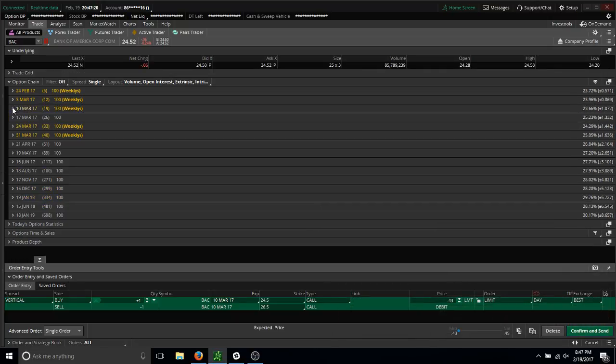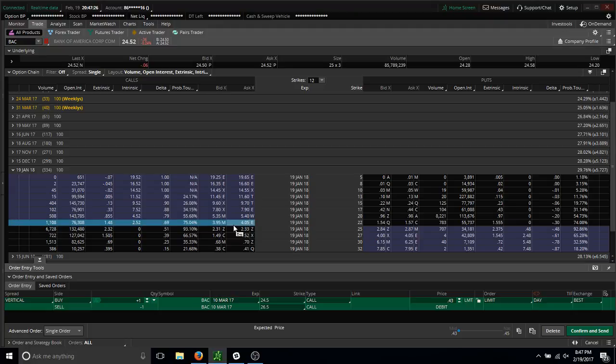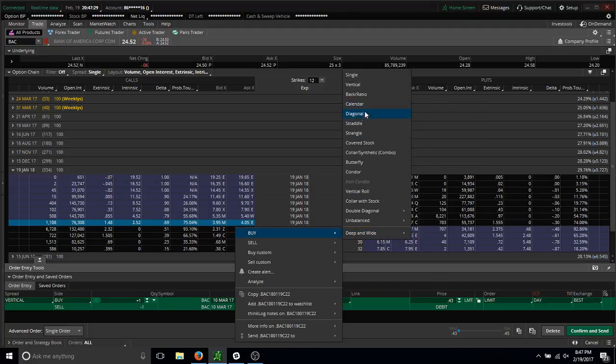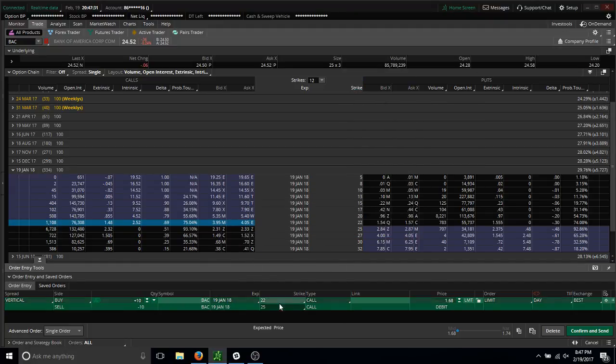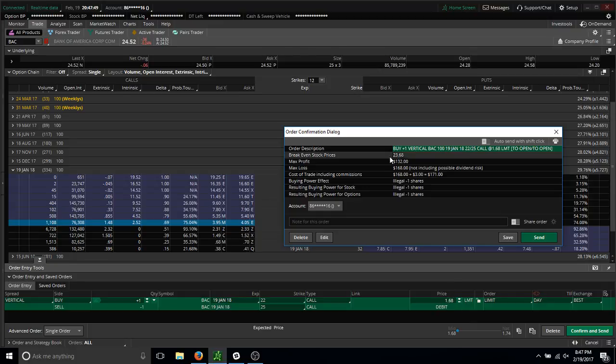So even if I think Bank of America's going sky high within the next year, buy vertical 22, we'll do 25, 168. So it's still super cheap here to get into a long-term option contract, whereas generally this price would be higher, which means my max loss would be higher out of my profit.